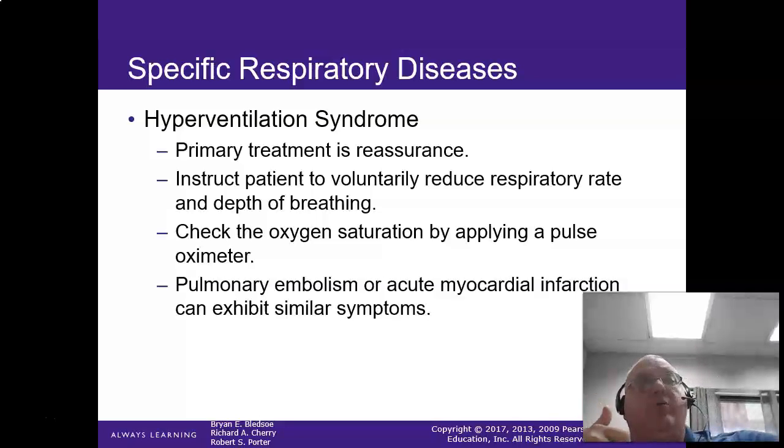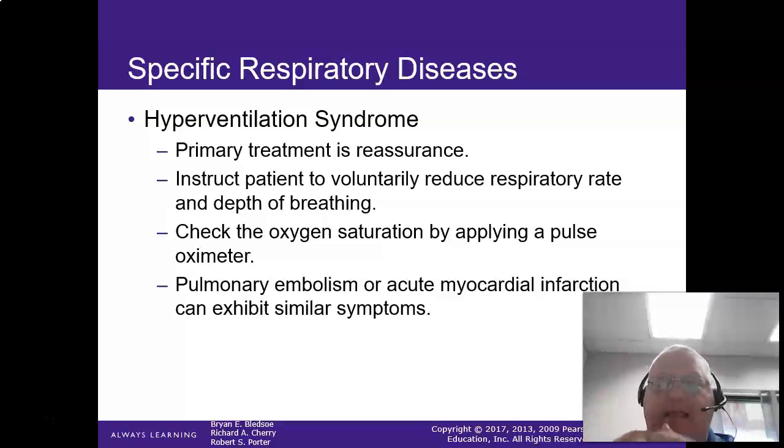So that's why we don't put the... The old way, you would take a paper bag and have them rebreathe their oxygen. What I might do is put them on a non-rebreather mask, maybe start them out at 5 to 6 liters a minute. Make sure that their SpO2 is still high, and then coach them down at that point.